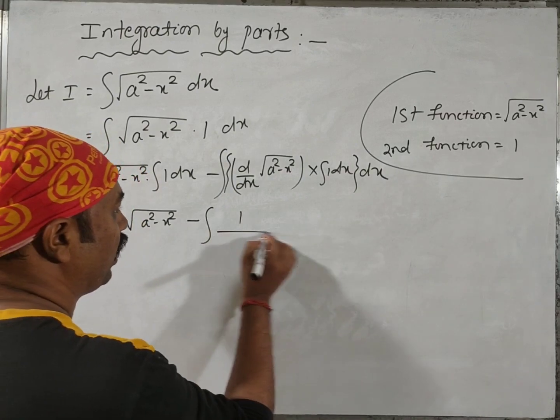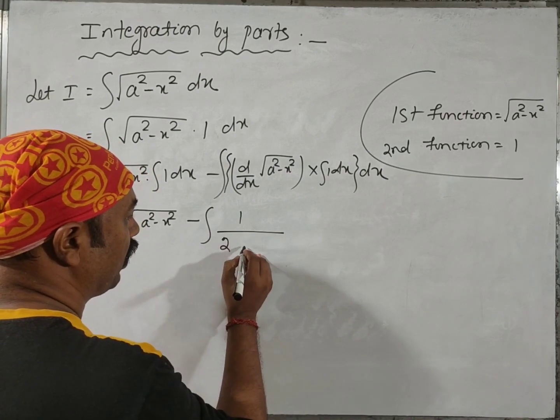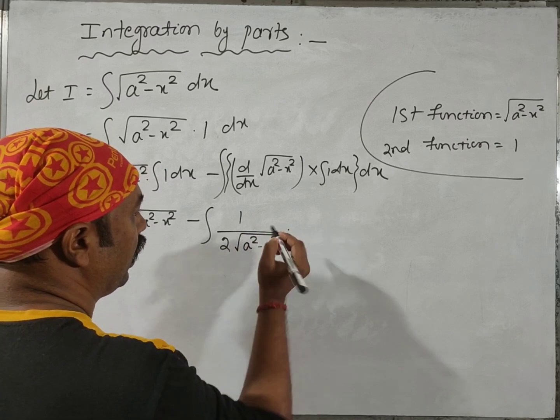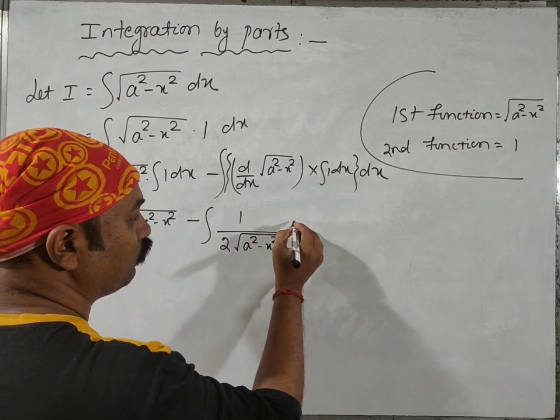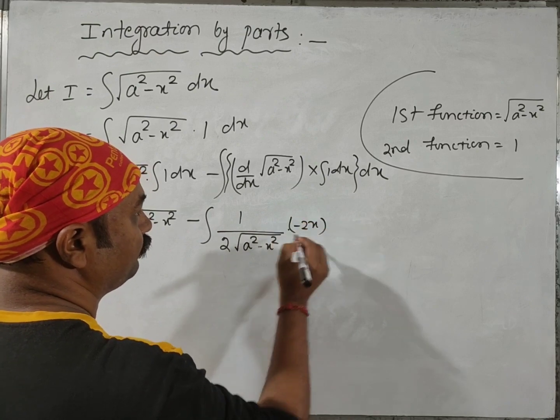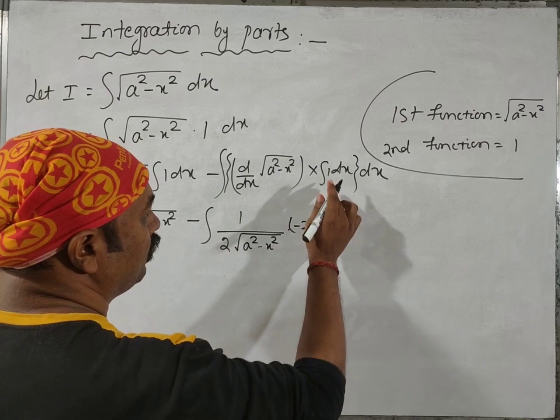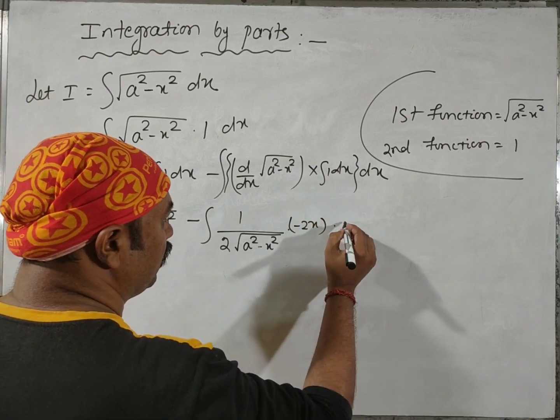So it is 1 upon 2 multiplied with square root of a square minus x square, again the derivative of a square minus x square, and it is minus 2x into integral of 1 with respect to dx, then it is x.